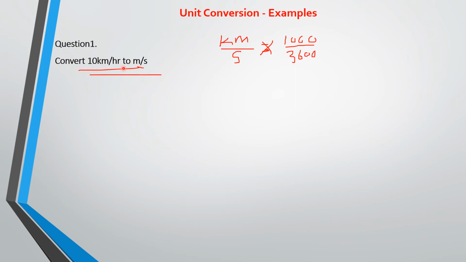Similarly, if you are to convert from meters per second to kilometers per hour, you will use this other formula. Take note of that formula, this is equation 1. The second one is, if you are given your unit in meters per second, you use this formula: meters per second times 3600 all over 1000. It's just the inversion of the first one.